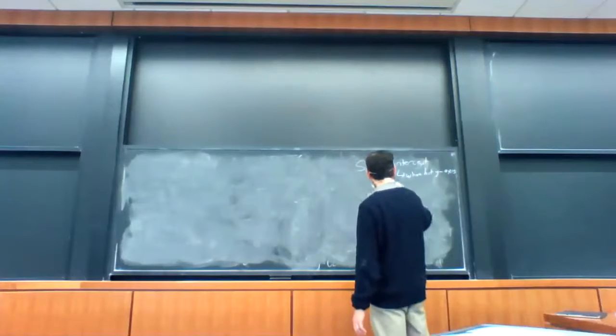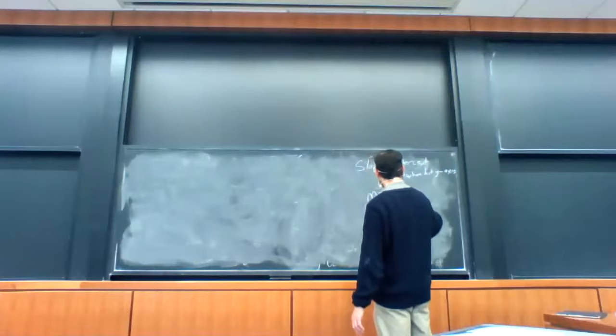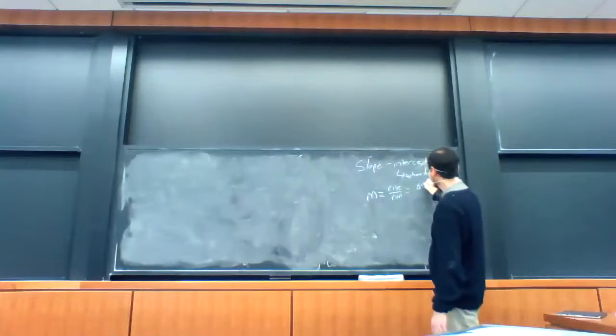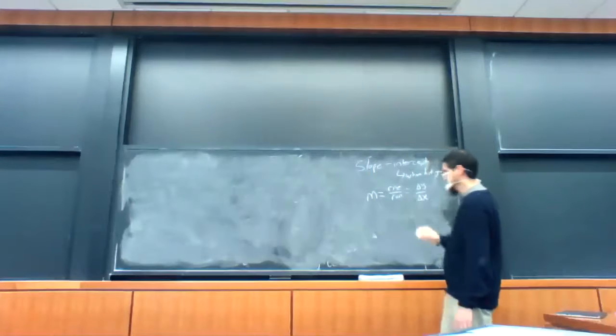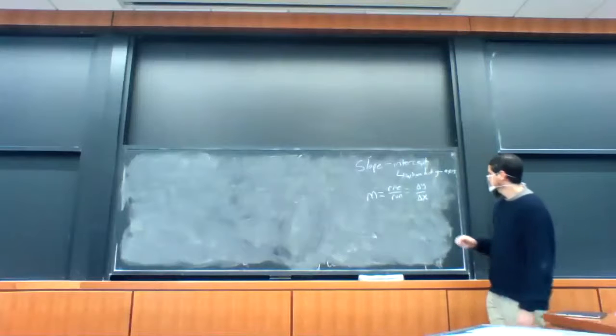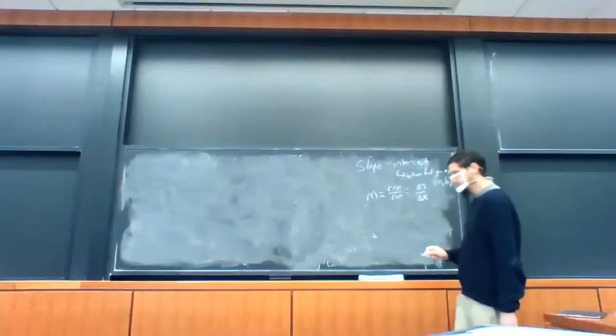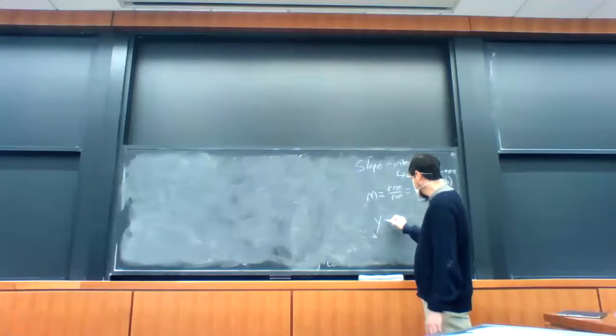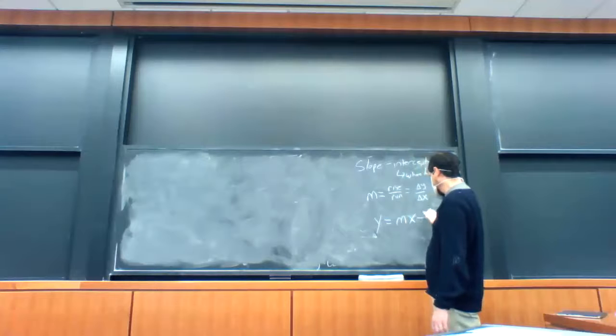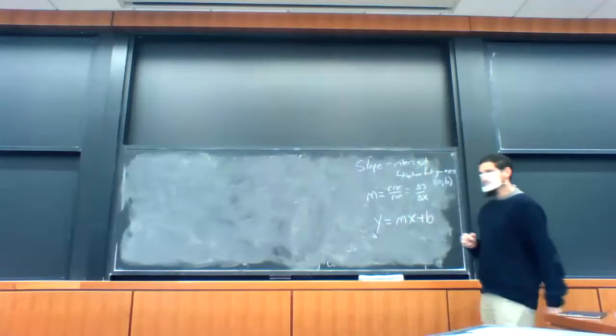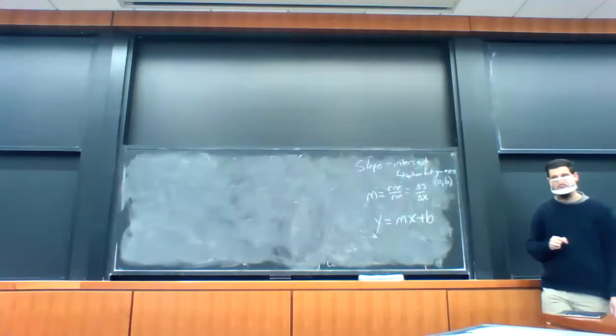Rise over run. So it is change in y over change in x. Where it hits the y-axis, the x-coordinate would be 0, so we'll call that point (0, b). And so the equation is y equals mx plus b. So that's one way.